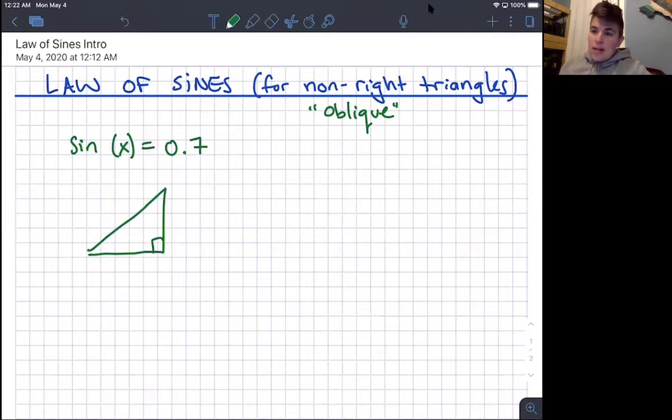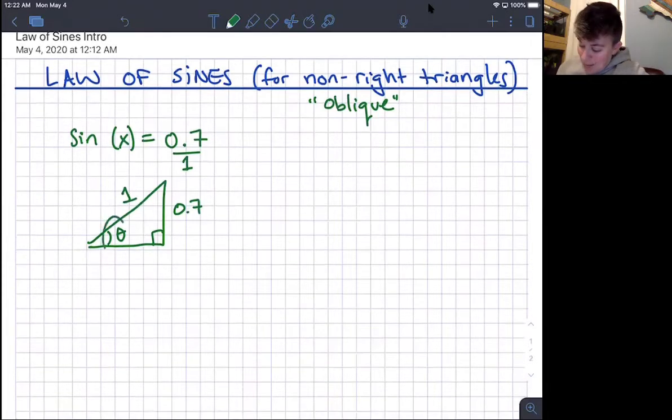We know that sine is opposite over hypotenuse. So if this was theta, we have 0.7 here, over the hypotenuse, which would be 1. We could solve, but we're still not going to be able to find the angle, right? So we're going to have to use a calculator.